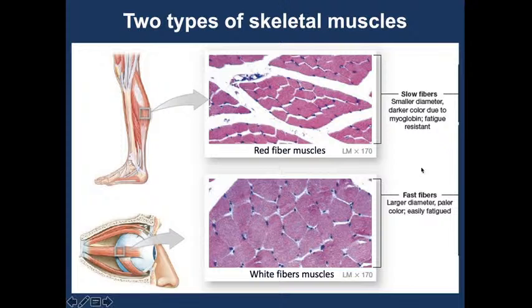And fast fibers, like muscles of the eye, or some forearm muscles, have large diameter, a paler color, not as red as in the first group, and they are easily fatigued.